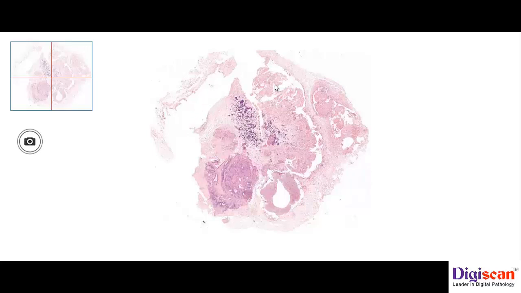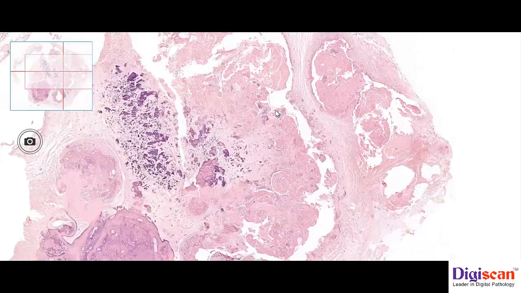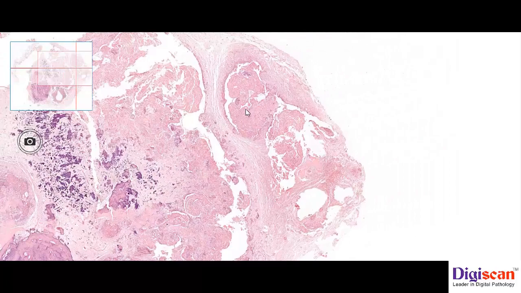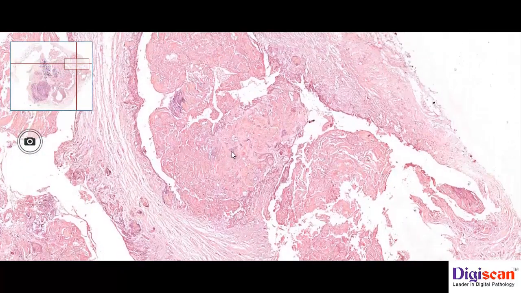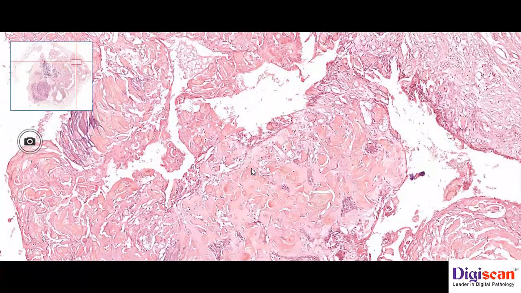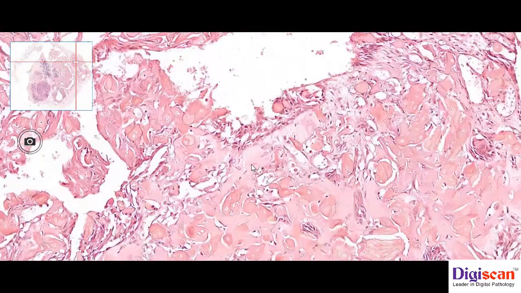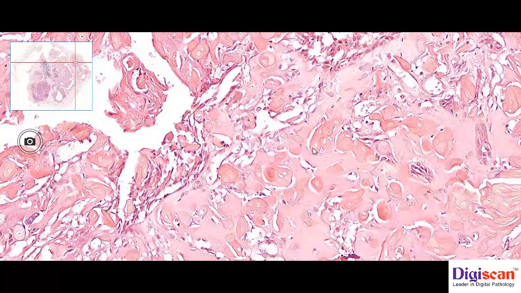And if we see the morphology, we find that there are large clumps and clusters of ghost cells present in the tumor. These are all collections of ghost cells. The nuclei are gone.